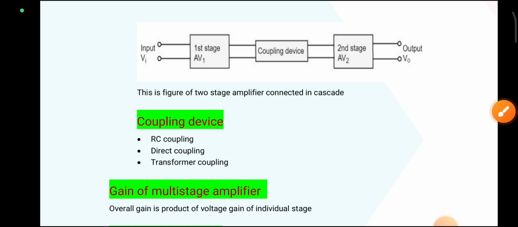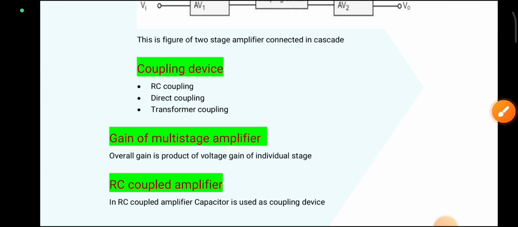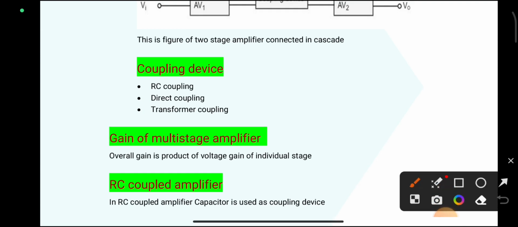So next, gain of a multi-stage amplifier. So gain is the product of the individual stages. The gain of the multi-stage amplifier is the product of the voltage gains of the individual stages or single stages.